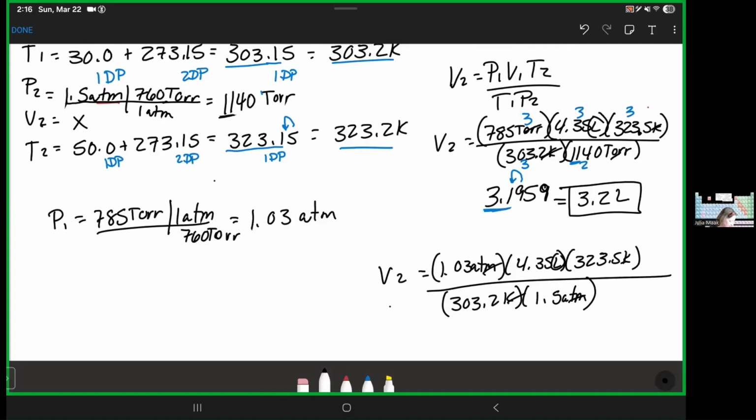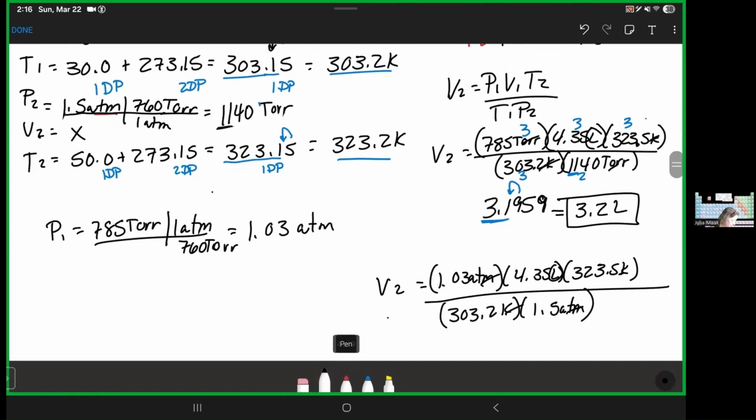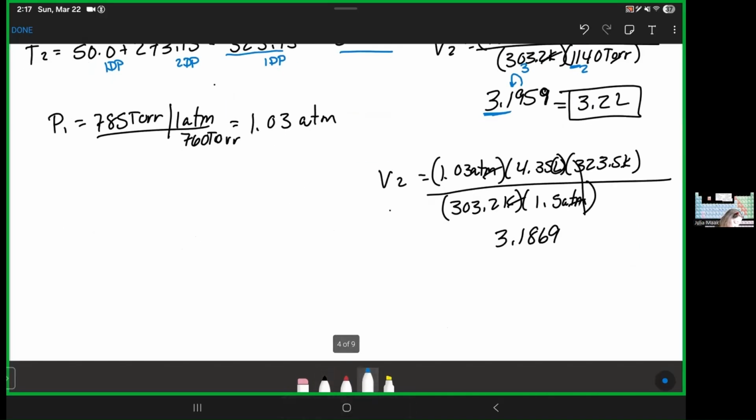So now if I do that math, oh, did I have my volume wrong there? Oh, no, that's right, 4.35. I get 3.1869, and we're limited to 3 sig figs, 3, 1, 8, and 6. So the 8 is going to round that up, and I get 3.2 liters, just like I got before.